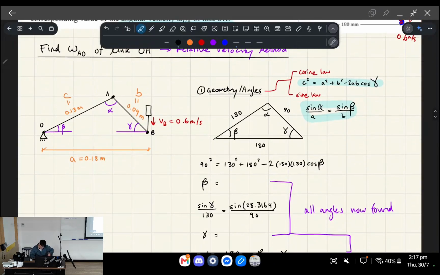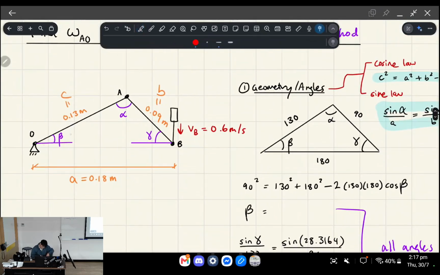Then we need to apply either cosine law or sine law. Remember, right now we know all 3 side lengths, but we don't know any of the angles, so we should use cosine law. Cosine law works if you have 3 side lengths.